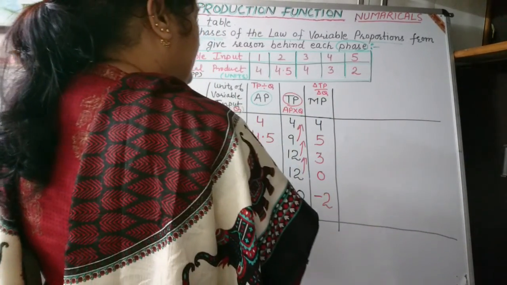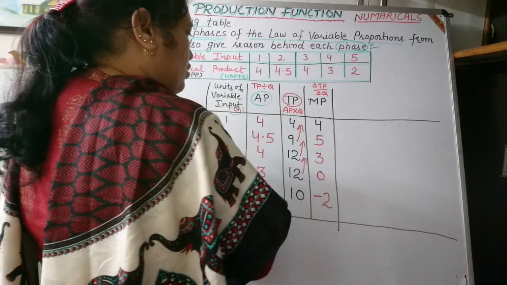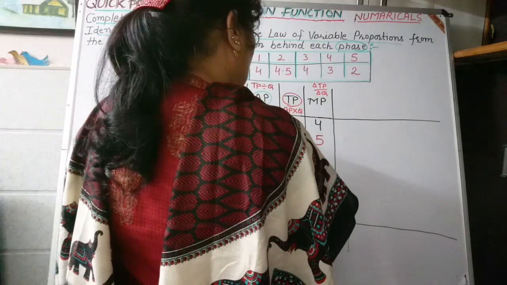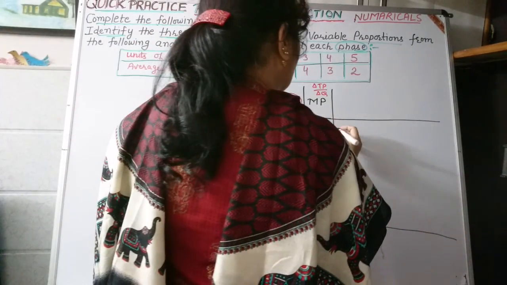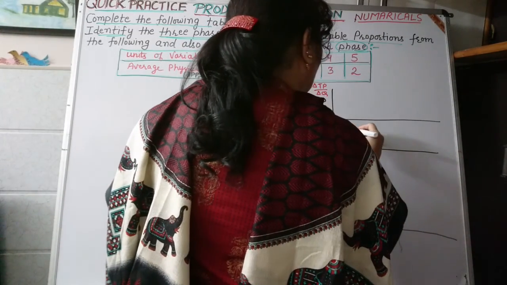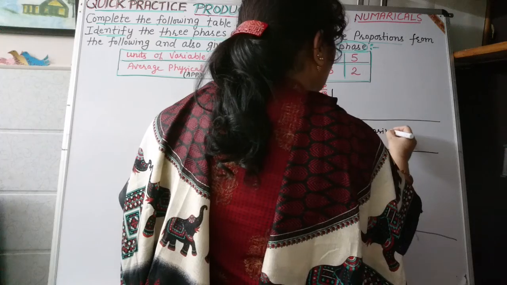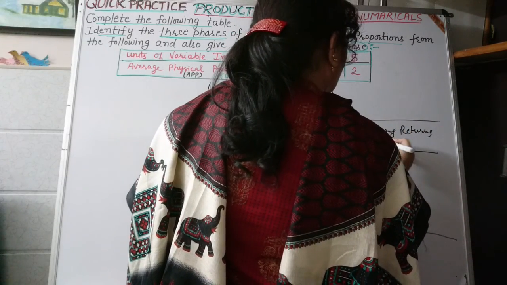Now let us clear which are the different stages of production. Number 1, first of all, 4 and 5. This represents increasing returns to a factor.